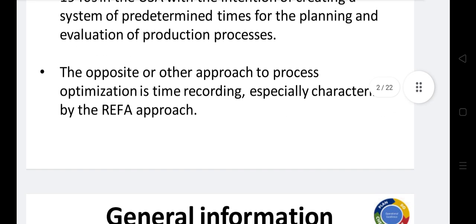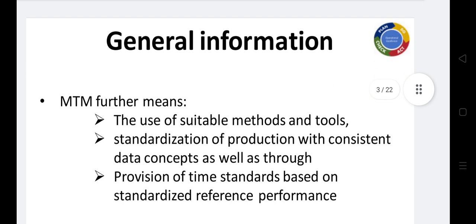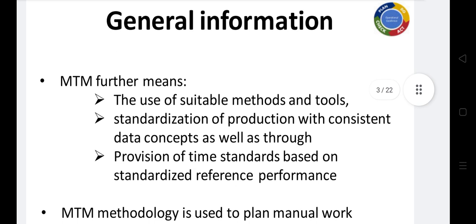The opposite approach to process optimization is time recording, especially characterized by the REFA approach. General information. MTM features.